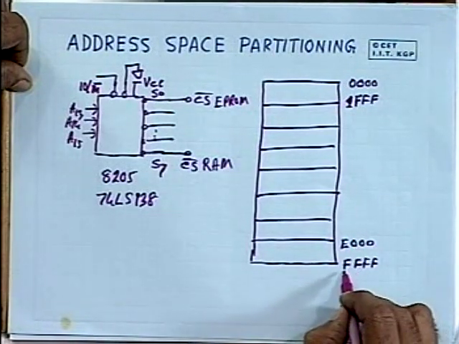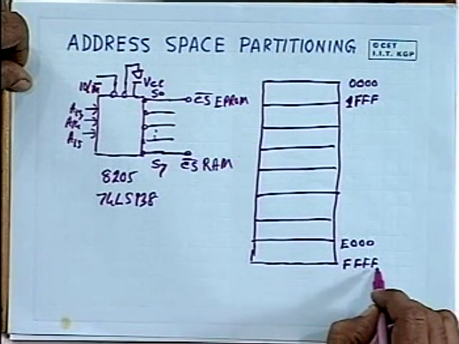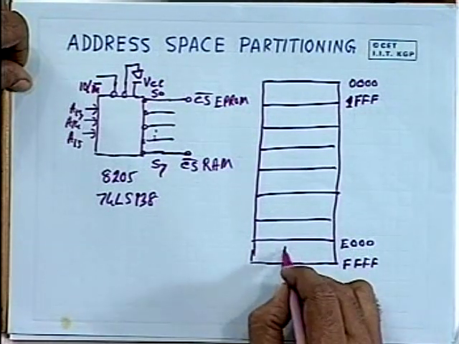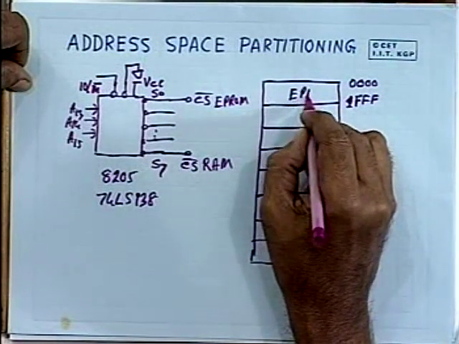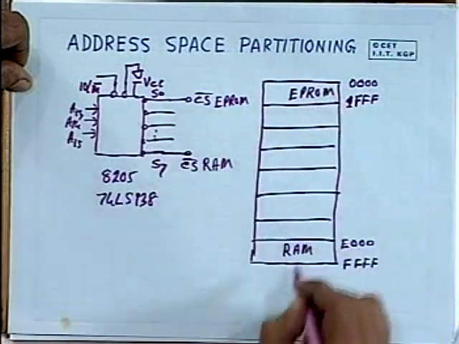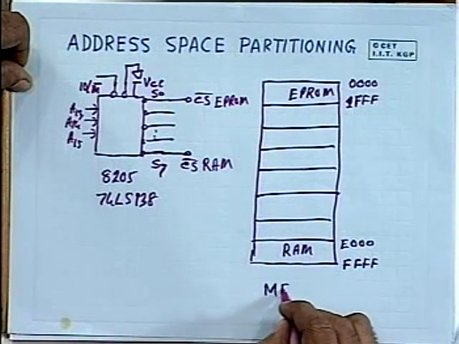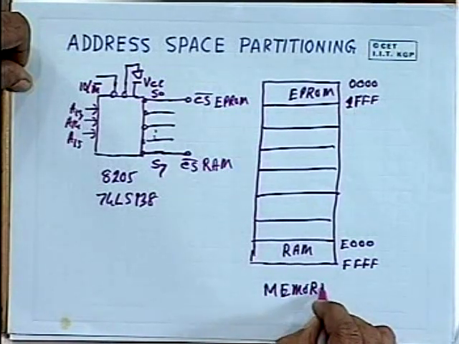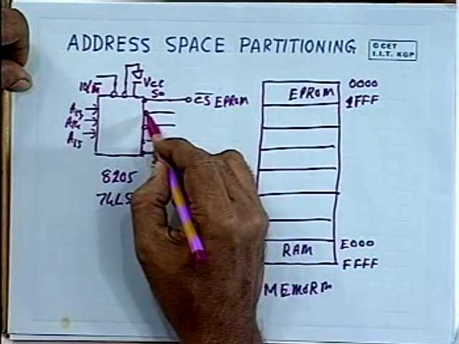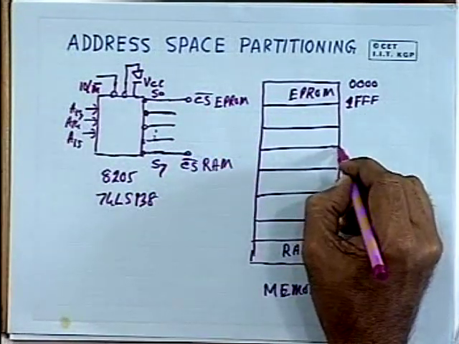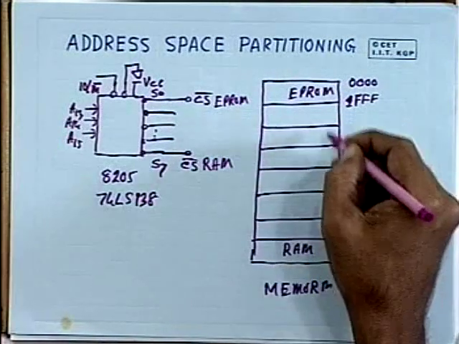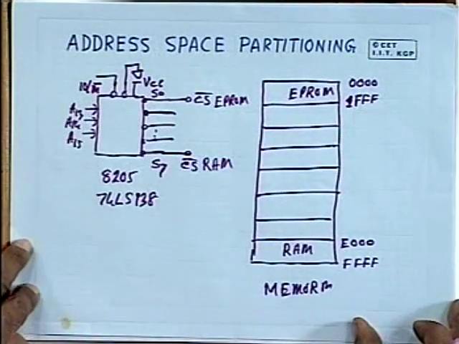So this will be the address of the RAM, this will be the address of the EPROM, and this is the memory map of the system. Now the other remaining 6 chip select signals can be used for future expansion. You can add 6 more devices, RAM and ROM, in future. So this is how the address space partitioning can be done.